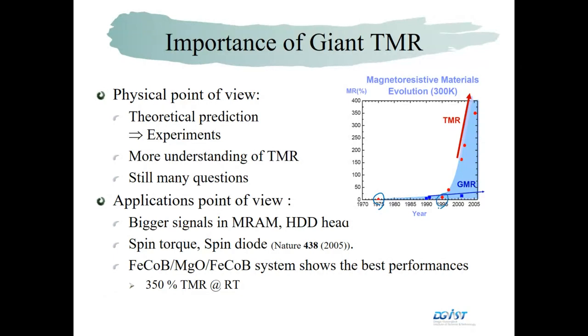But in the middle of the 90s, there was a meaningful finding of TMR, which was observed at room temperature, and they could easily achieve 50%. But after people investigated more deeply, they found even much larger TMR, and now it's around 1,000%.